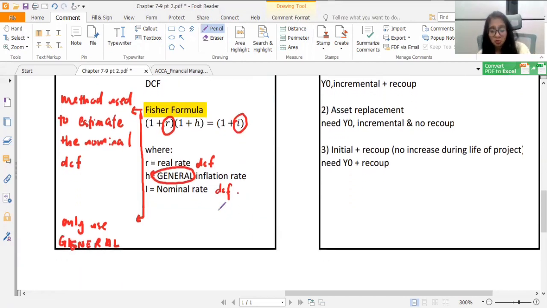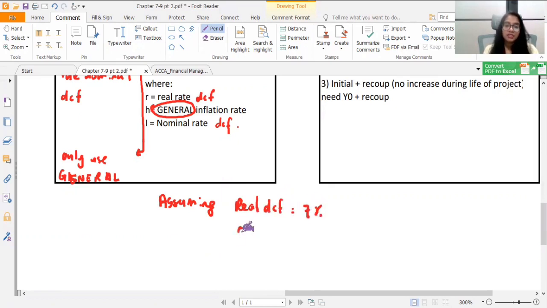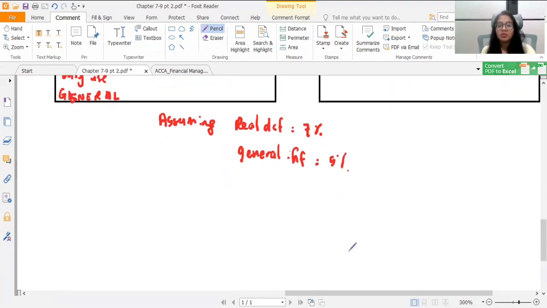Guys, sometimes I have a problem. Okay, I'm just going to give you a very short, simple example. Assuming the real discount factor is 7%, the general inflation rate is 5%. Please calculate for me what is the money discount factor.